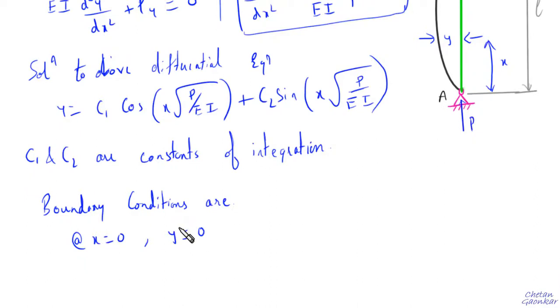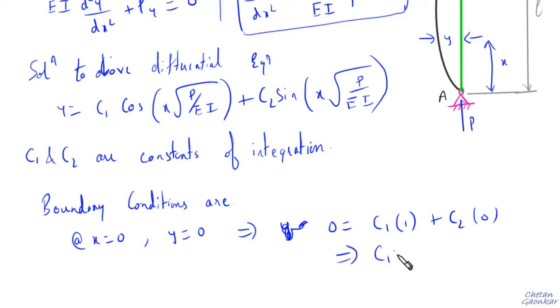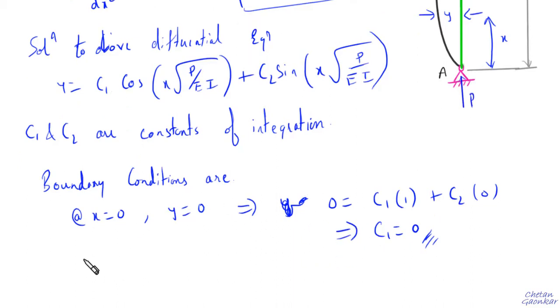If I use this boundary condition in this equation, I get 0 equal to C1 times cos of 0, which is 1, plus C2 times sine of 0, which is 0. What this tells us is that C1 is 0. So the first constant of integration C1 turns out to be 0, and therefore my new solution is y equals C2 sine x root P by EI.